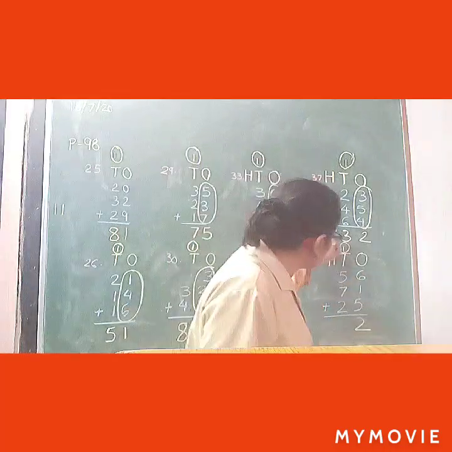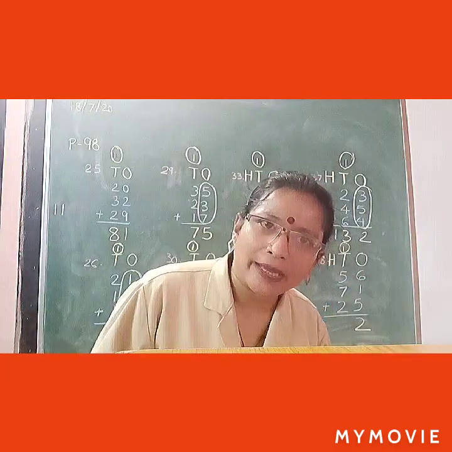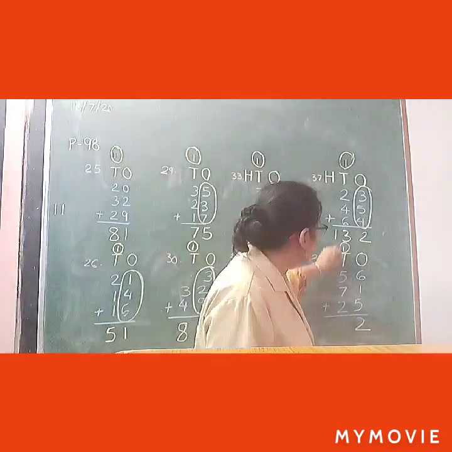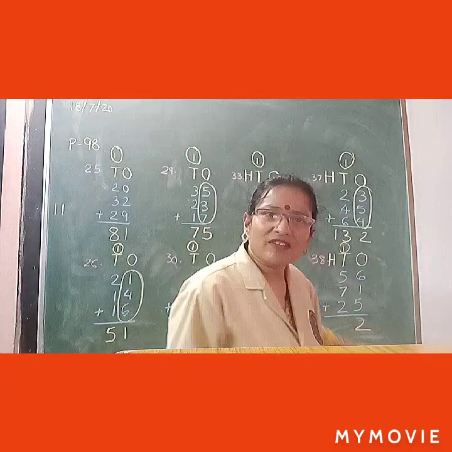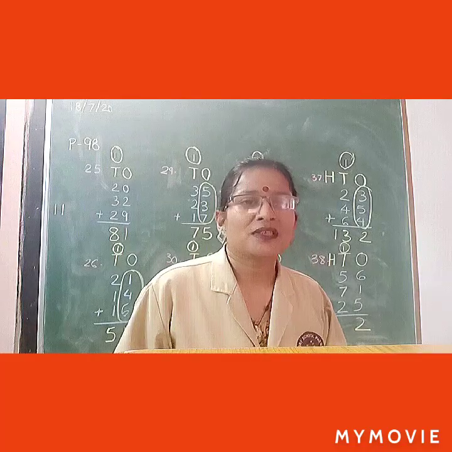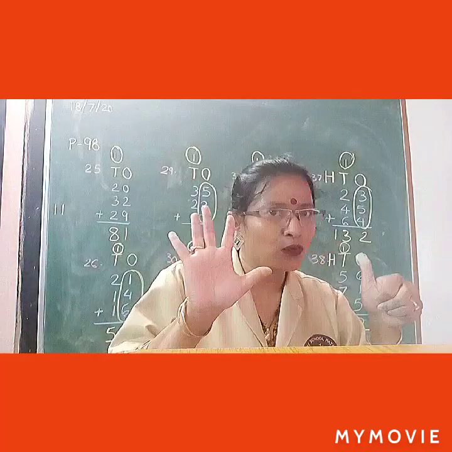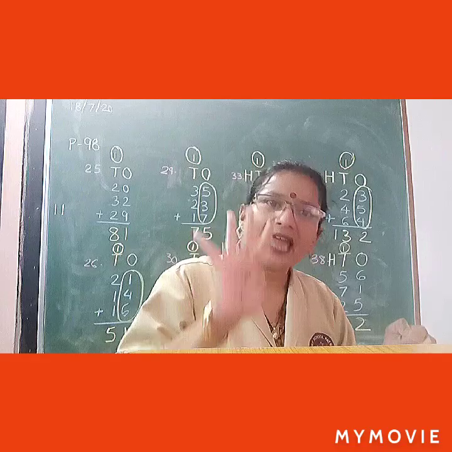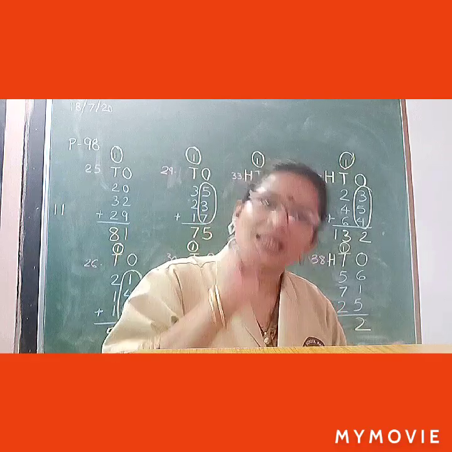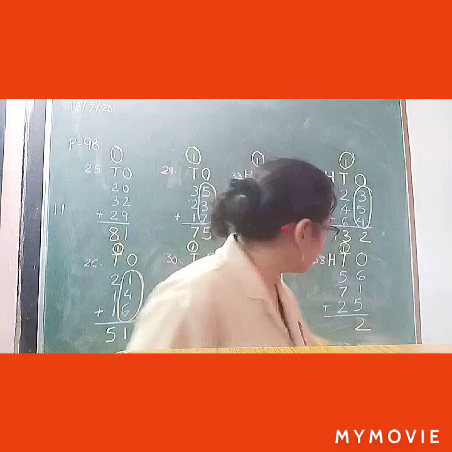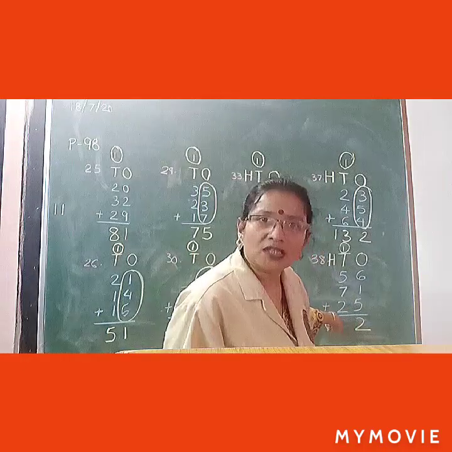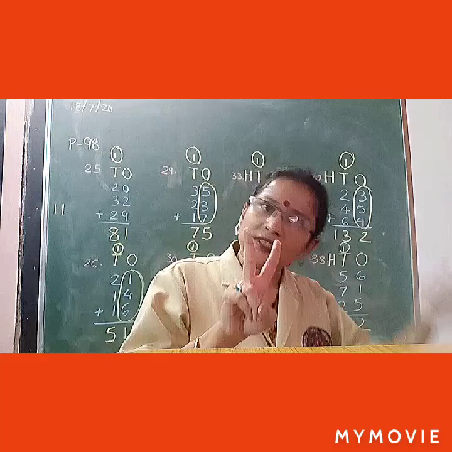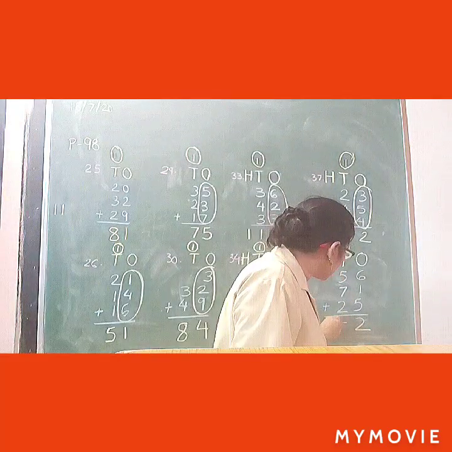Now we will add the digits which are in tens place. 5 plus 1, 6. 6 plus 7. Take out 6 fingers, count after 7. 8, 9, 10, 11, 12, 13. 13. Then 2 more fingers you have to take out because 2 digits are here. After 13, 14, 15. So the answer is 15.